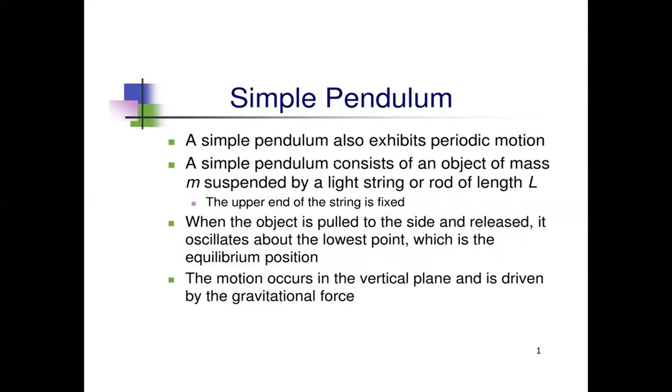When the object is pulled to the side and released, it oscillates about the lowest point, which is the equilibrium position. The motion occurs in the vertical plane and is driven by the gravitational force.